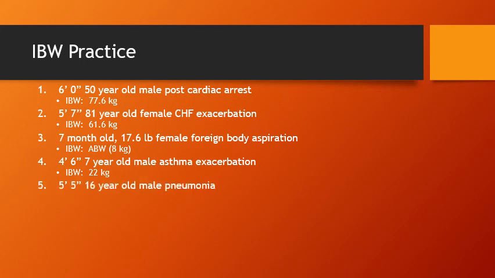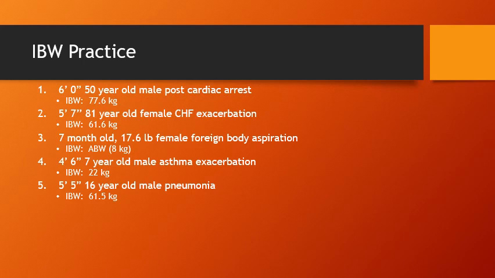Patient number 5 is a 5 foot 5 inch 16-year-old male with pneumonia. So pause your video, calculate the ideal body weight for this patient. This patient's ideal body weight is 61.5 kilograms.